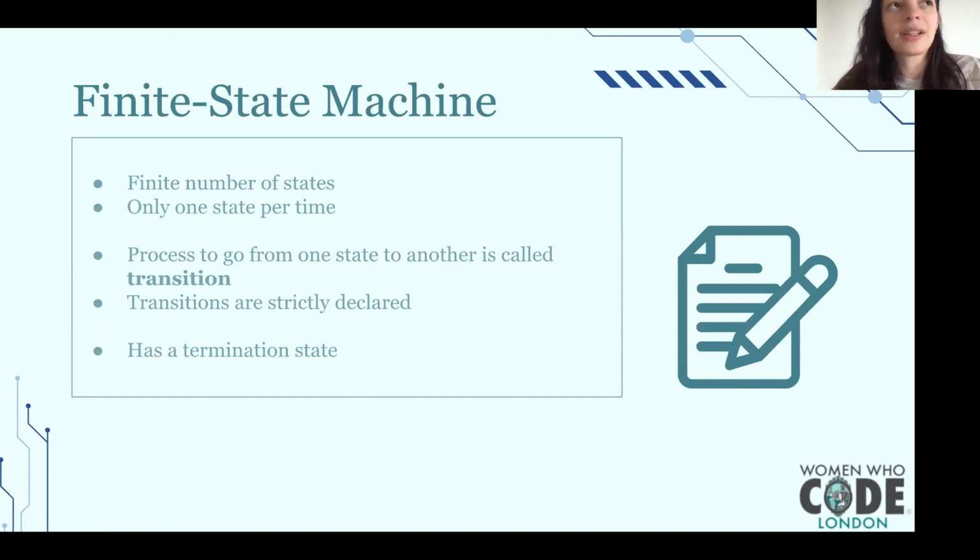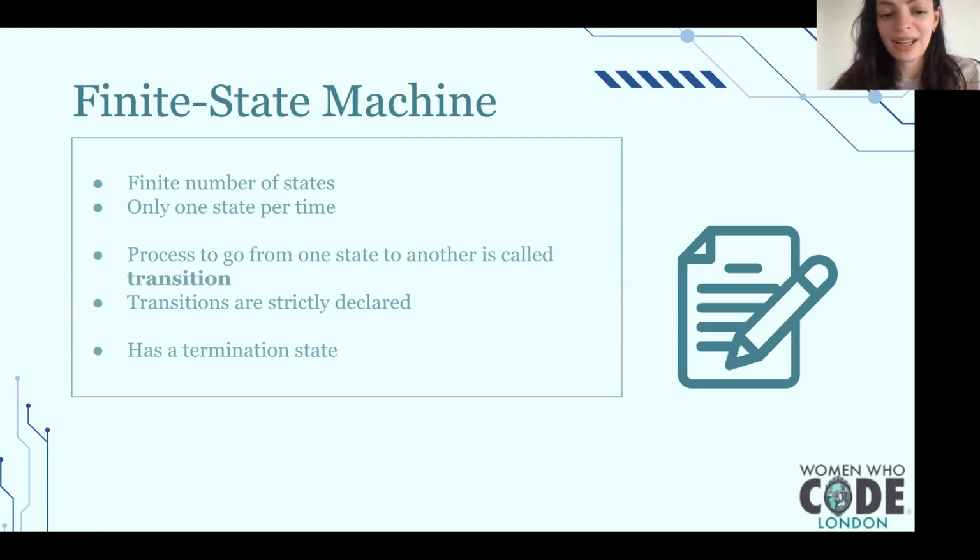Transitions are strictly declared. So you can say that you go from this state to another state and only in this way. For example, you go from created to active and from active to terminated, but you can't go from created to terminated, or okay, that could be, but you can't go from active to created.